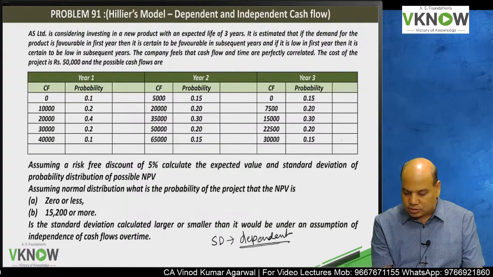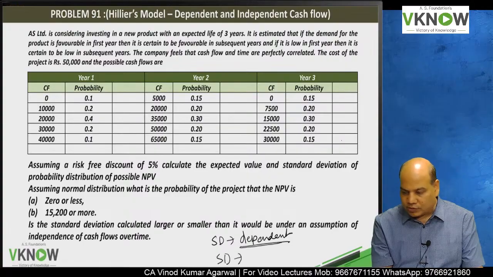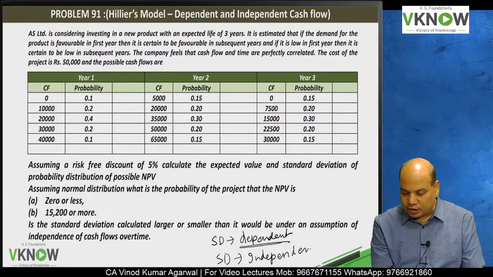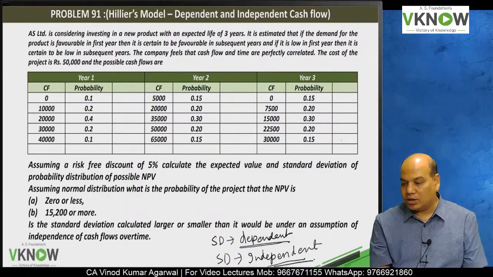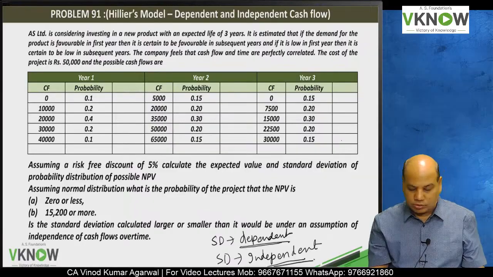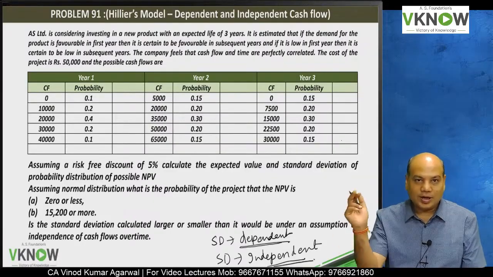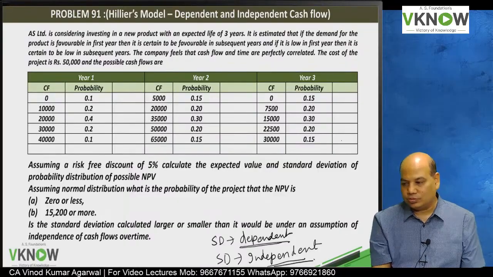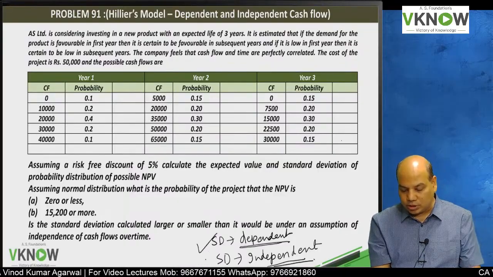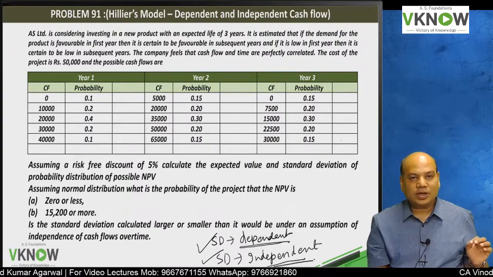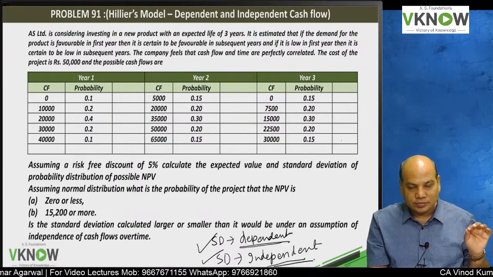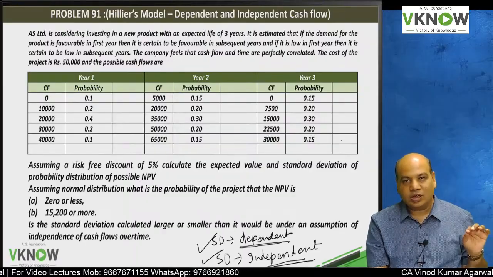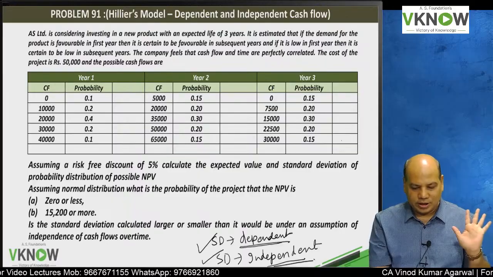Whether this standard deviation is higher or lower if you would have calculated by assuming independent cash flow. Same problem, again solve by assuming independent cash flow, and then you will be able to compare whether standard deviation is higher when cash flows are dependent or when cash flows are independent.